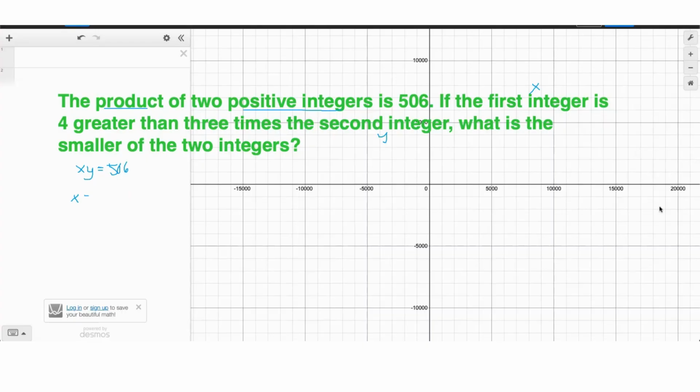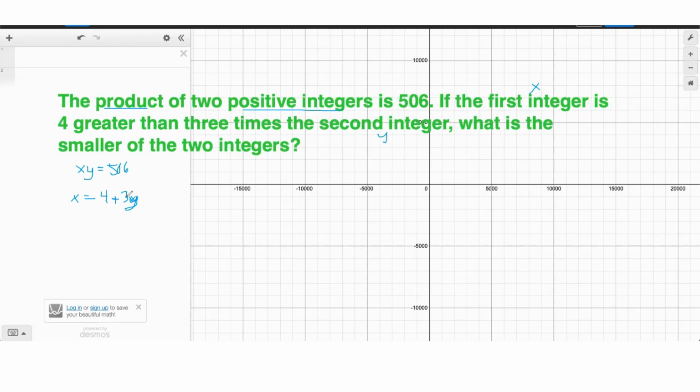So we have x equals 4 plus 3 times the second number, which is y, so 4 plus 3y.